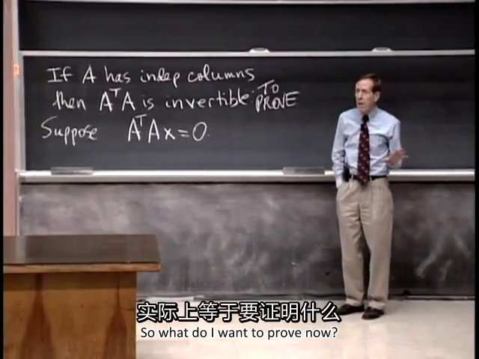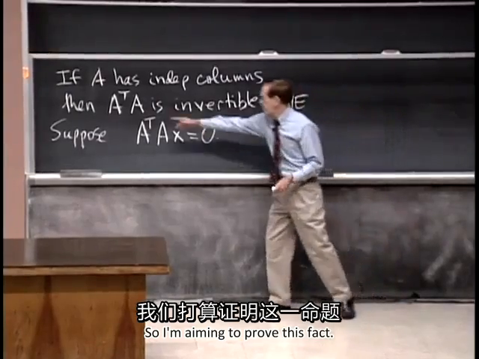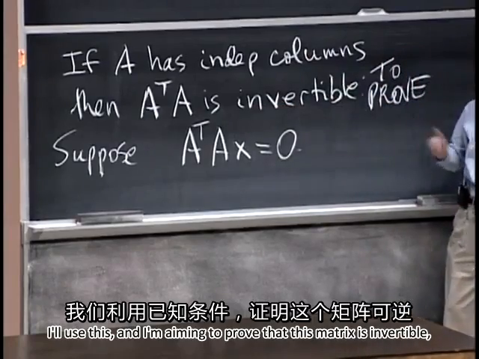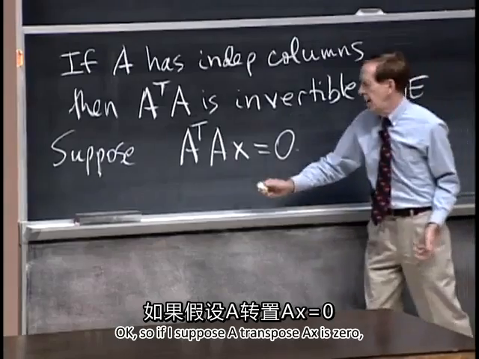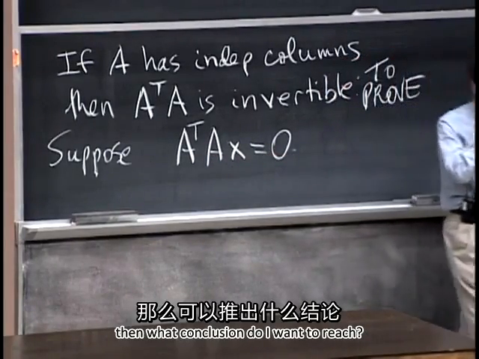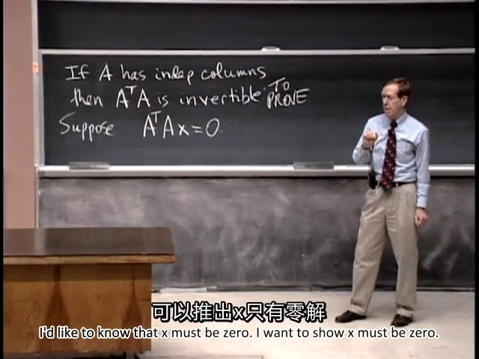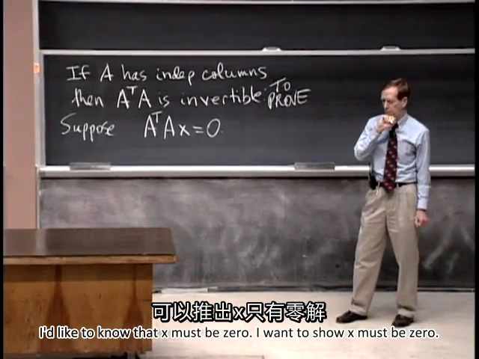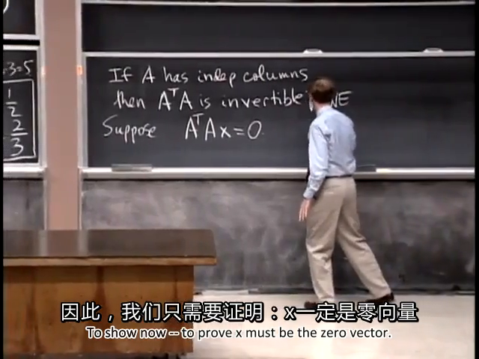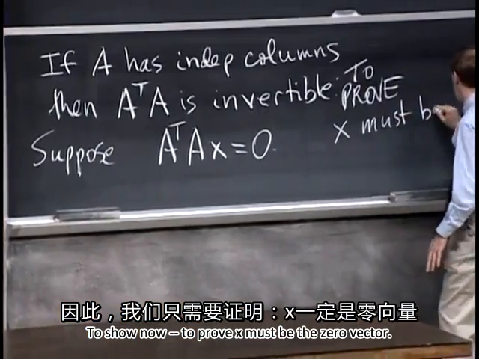So what do I want to prove now? So I'm aiming to prove this fact. I'll use this, and I'm aiming to prove that this matrix is invertible. Okay, so if I suppose A transpose A x is 0, then what conclusion do I want to reach? I'd like to know that x must be 0. To prove x must be the 0 vector.